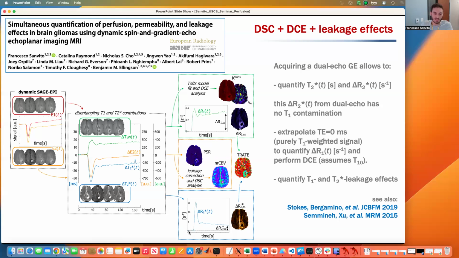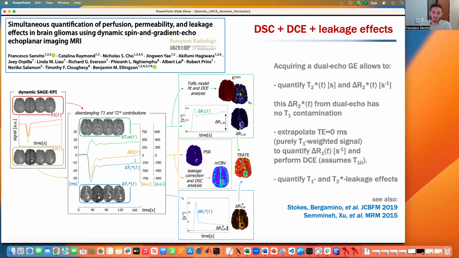And then from the delta R2 star, you remember how before I said delta R2 star single echo? Well, this is a delta R2 star dual echo and has no T1 contamination. So it will never go below 0, as we said before. And the delta R2 star residual at the steady state tells you something about the T2 star leakage effect.